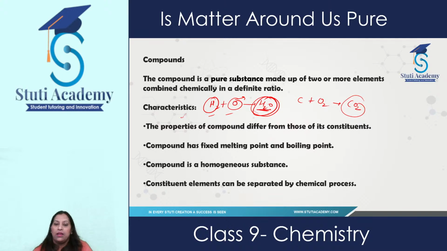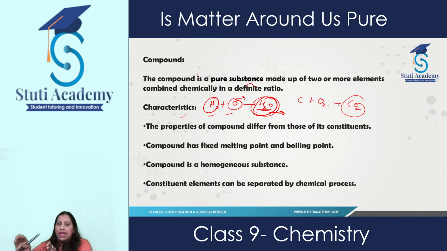Homogeneous means, look at this example of water. When hydrogen and oxygen combine together, they form water. Once these two elements combine together, we cannot detect where is hydrogen, where is oxygen, but we can separate them.